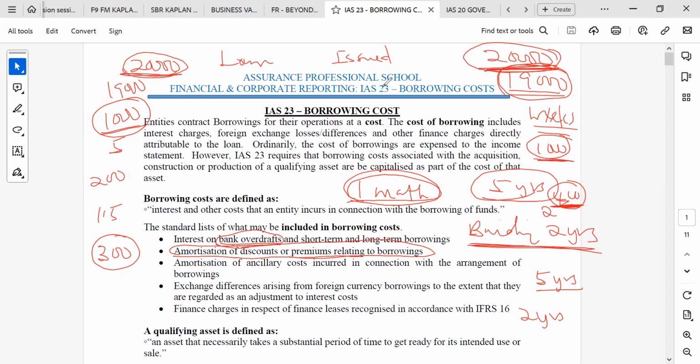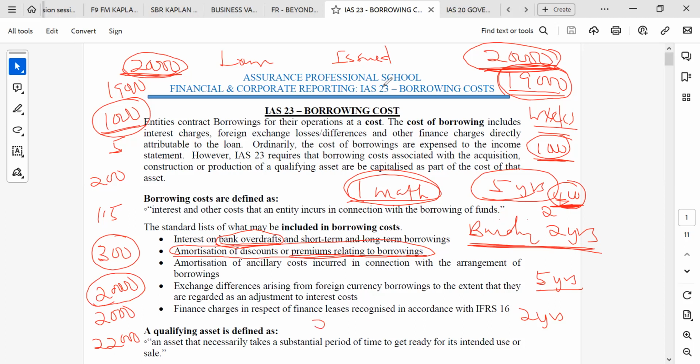Okay. The same way can also be a premium. We can also issue a loan at a premium. So if you are issuing a loan at a premium, assuming the loan is supposed to be 20,000, but we are issuing the loan at a premium of 2,000, it means that we'll be receiving 22,000 from the issue. So we are going to charge the interest on the 20,000.